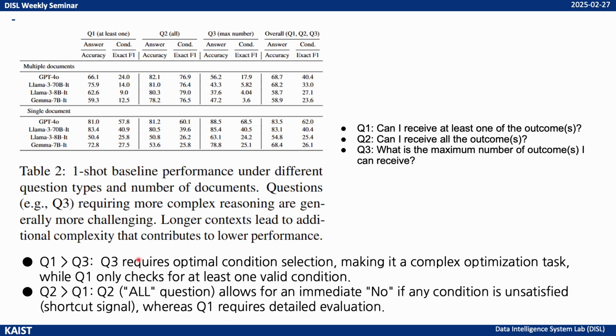Unsurprisingly, the second question achieves better performance than the other two questions. It's because if any condition is unsatisfied, then the model can take a shortcut signal if there is one condition that is not met.